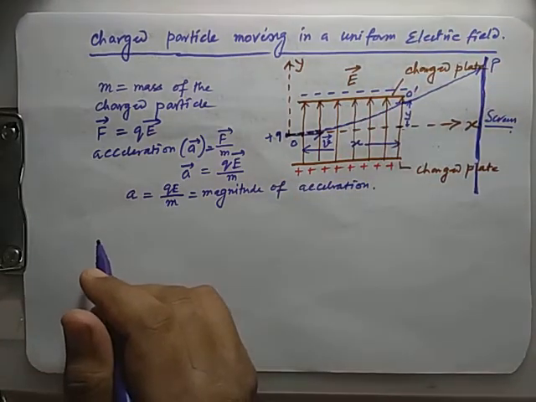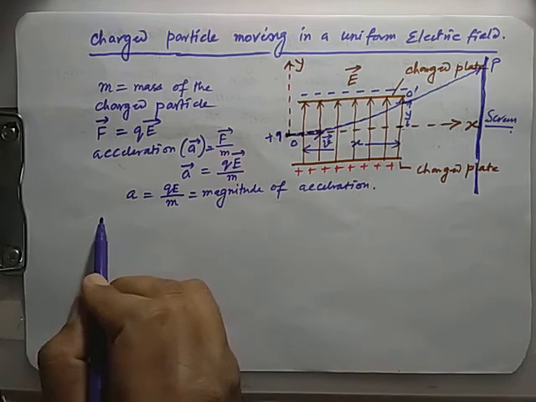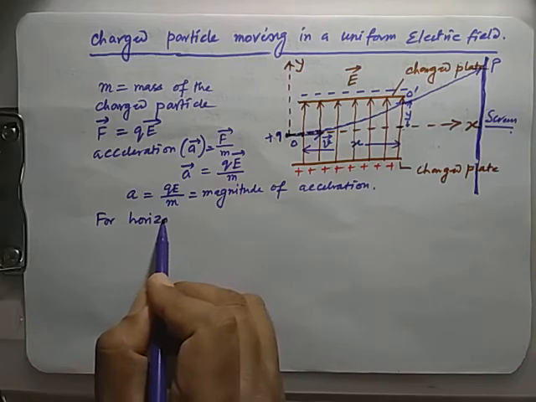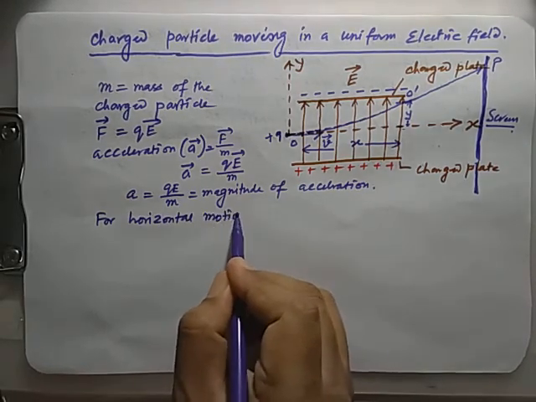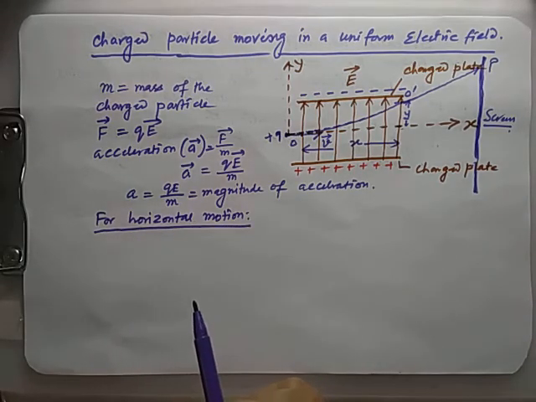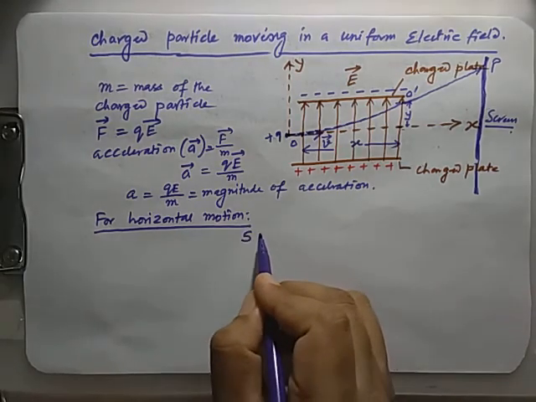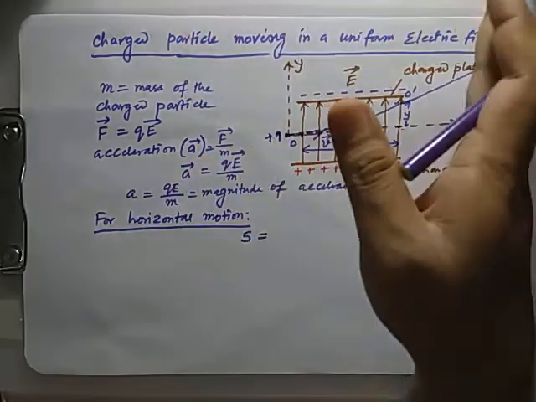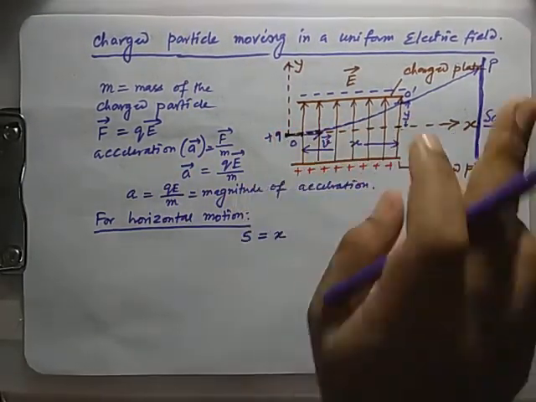First we'll discuss the horizontal motion. So write the heading for horizontal motion. Suppose S is the distance traveled. S is equal to x, because horizontally the distance traveled is x. You don't think about the vertical now, only horizontal.